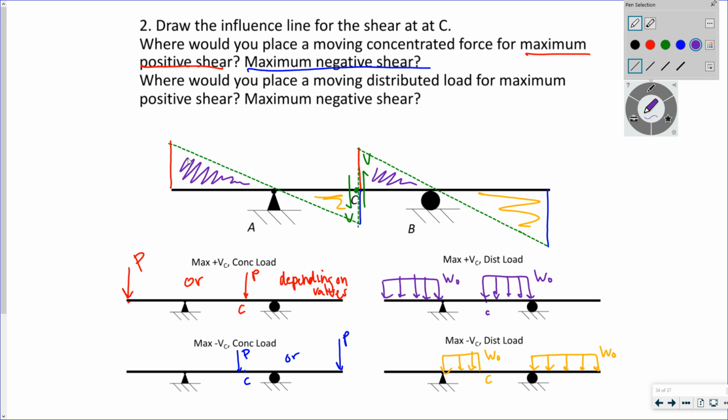So again, all of these depend on the values, right? Maximum positive shear. So here, or here with that one.